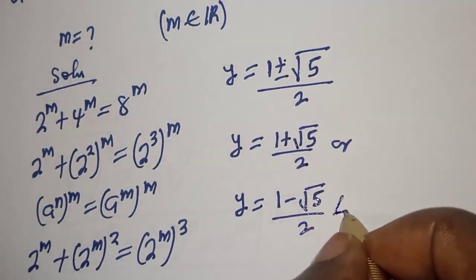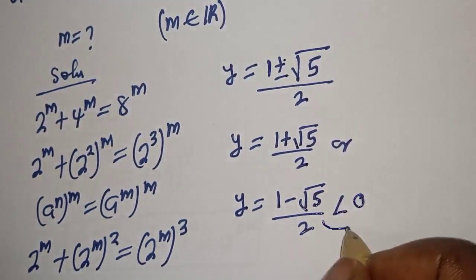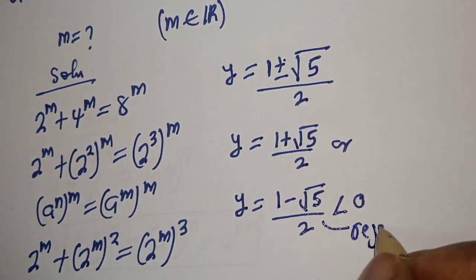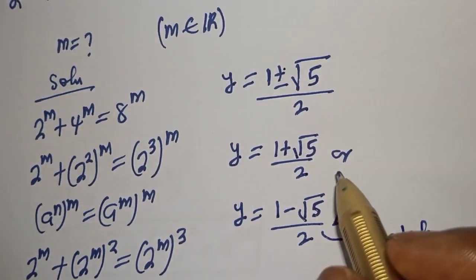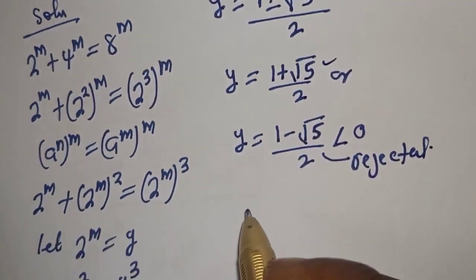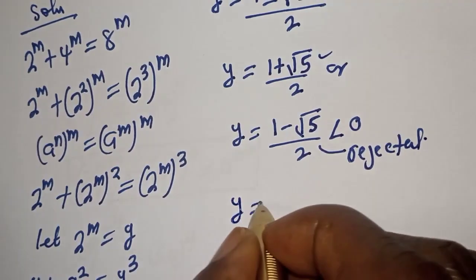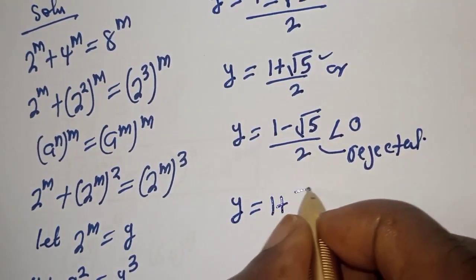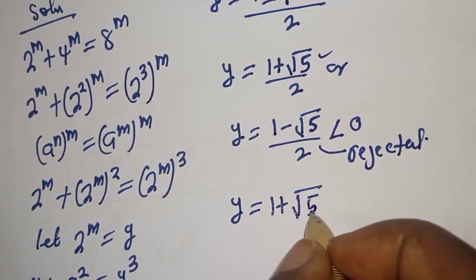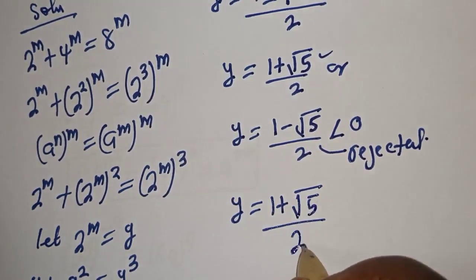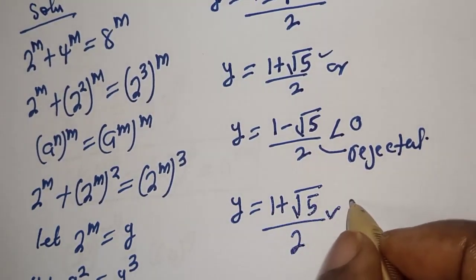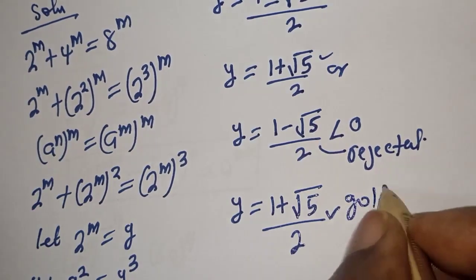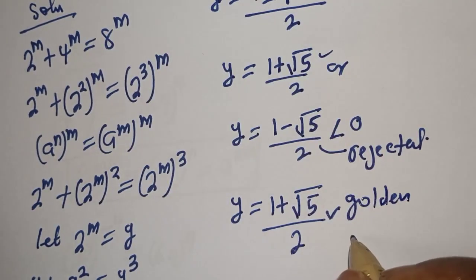But this is less than 0, so the whole of this is rejected. The only solution we have is this: y is equal to 1 plus square root of 5 over 2, and this is also called the golden ratio.